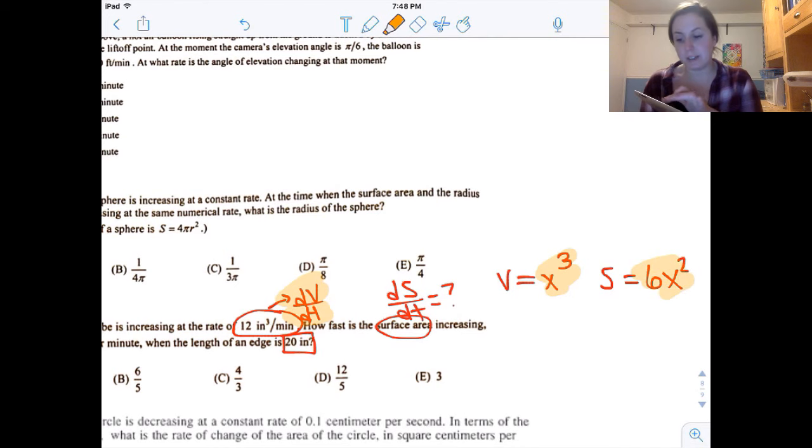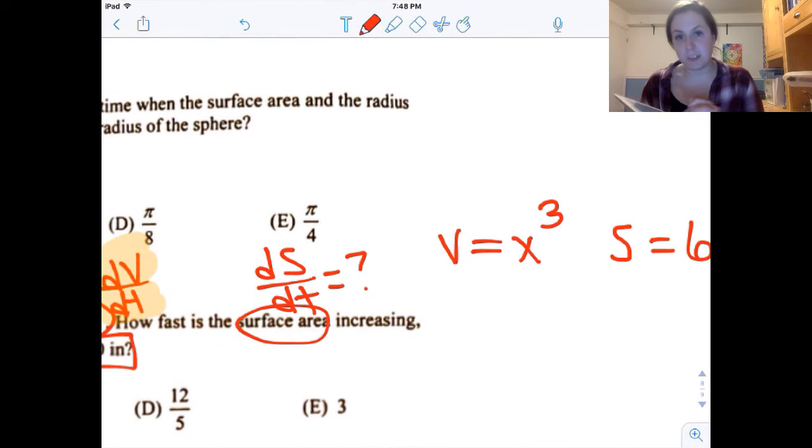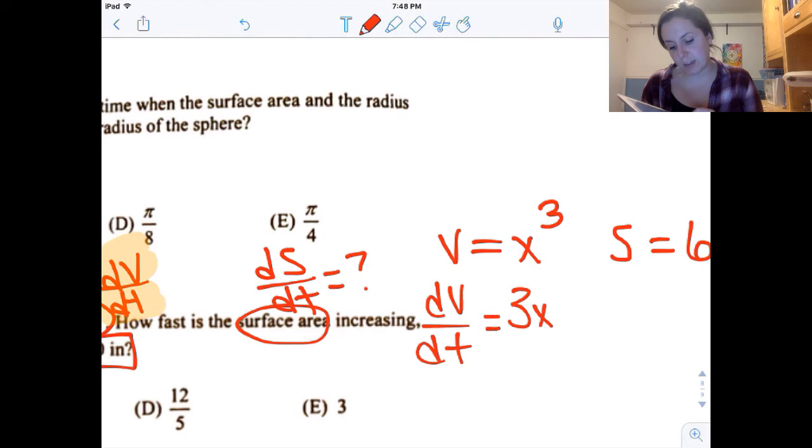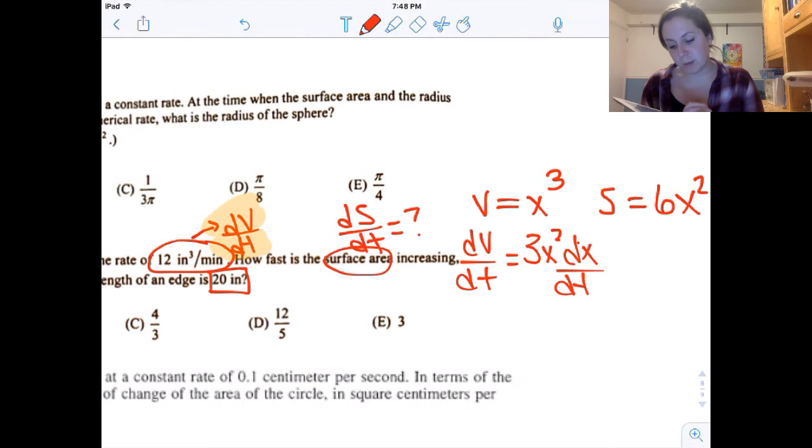So look at how these are connected. They depend on the same variable. So let's start with this one. So dV/dt here would be 3x squared dx/dt. And dV/dt they told me was 12. And I want to know at the instant when the side length is 20.